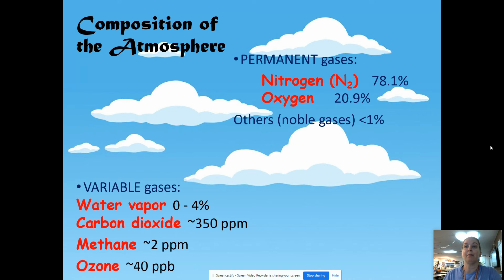Carbon dioxide, when this was made, was about 350 parts per million. We're over 400 parts per million now, which is really bad. Methane is about 2 parts per million, and ozone is about 40 parts per billion. These are some approximations of the percentage of different gases.